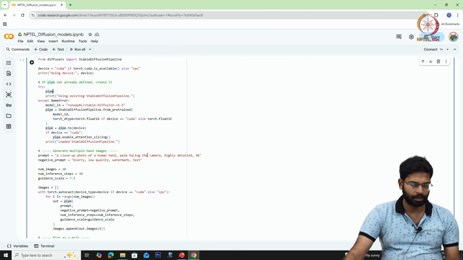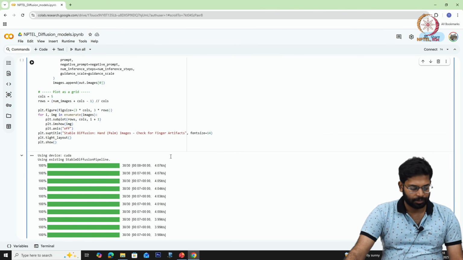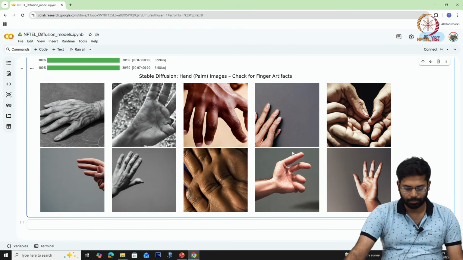For example, if you try to tell it to generate a photo of a human hand palm facing the camera, it generates a lot of human palm images, but look at the images it is generating. It's not able to maintain the fingers' relative sizes in the first one.